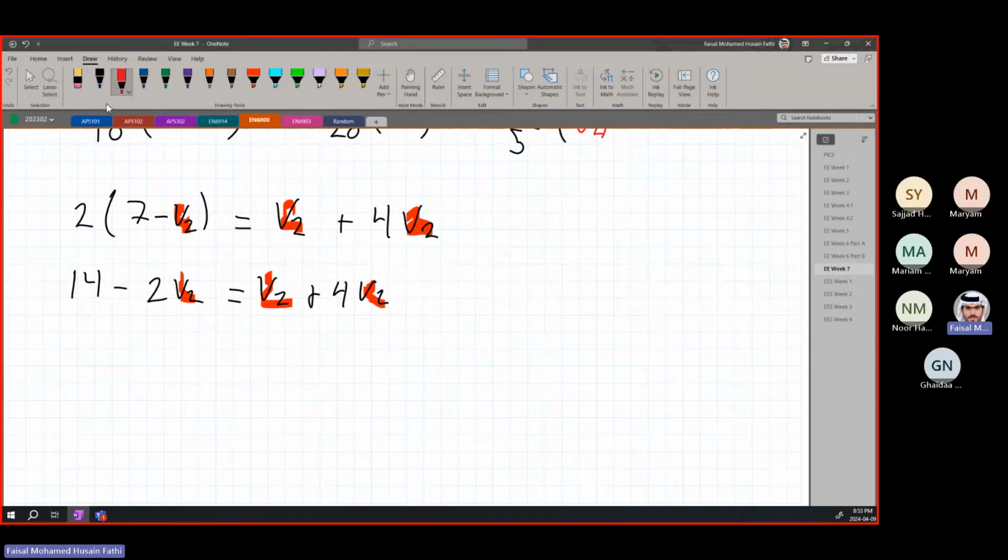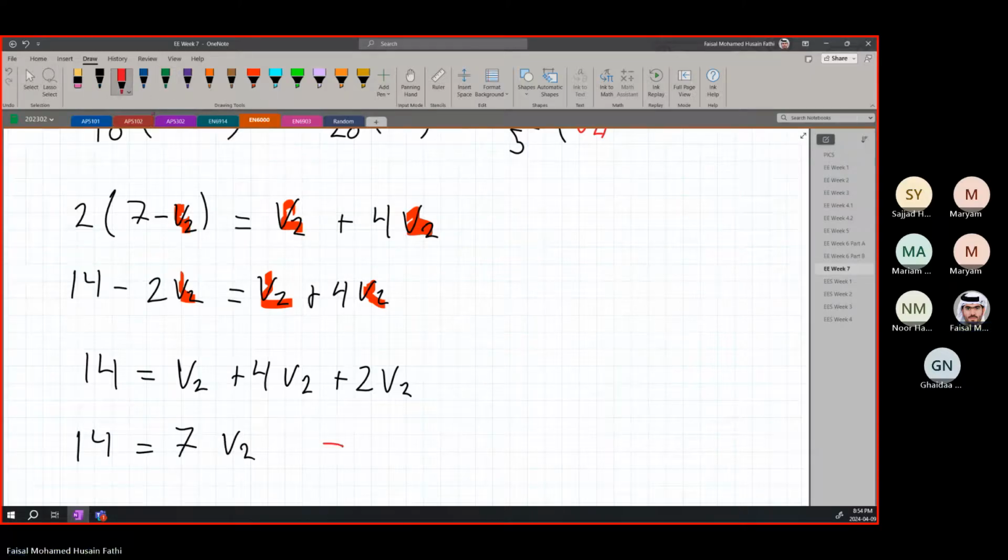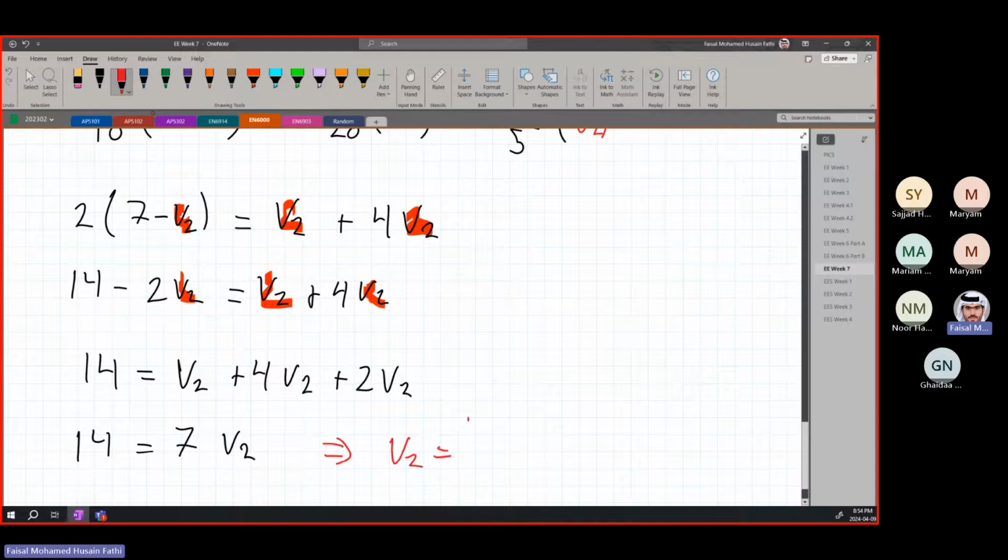So 14 is equal to V2 plus 4V2 plus 2V2, which is 1 plus 4 plus 2, so 7V2. Therefore, V2 is equal to 14 over 7, which is 2 volts.